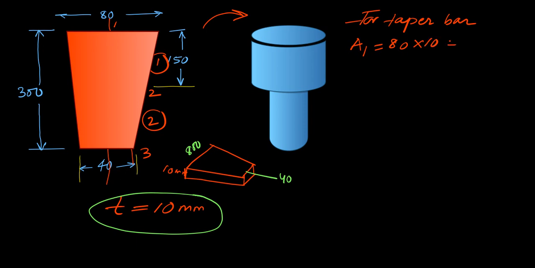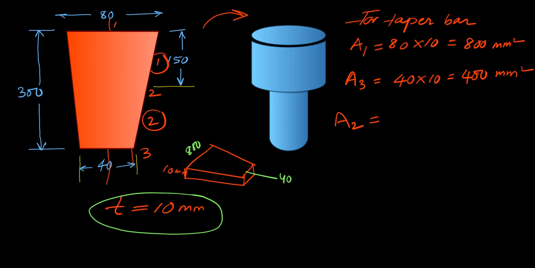so it is 800 millimeter square area. And the area at node 3, because we don't know the area at node 2. Okay, here we cannot calculate the distance. So first we will calculate the area at 3, that is A3. There it is 40 into 10, so it will be 400 millimeter square at node 3. Now we can calculate the area at 2 by taking the average of 1 and 3.